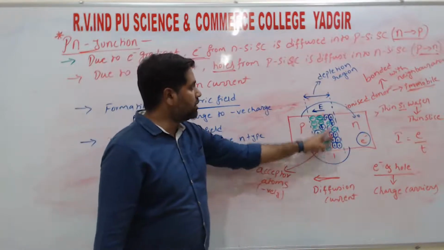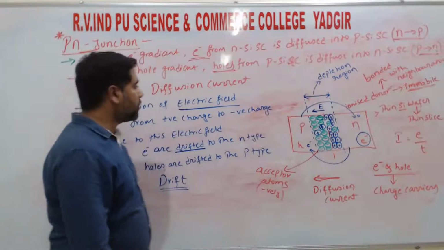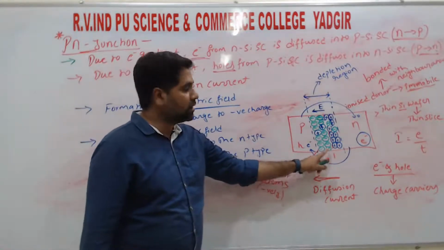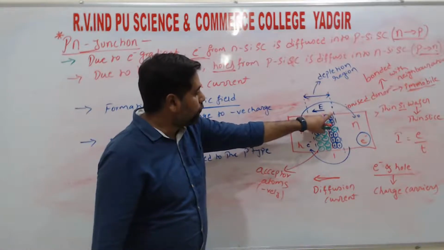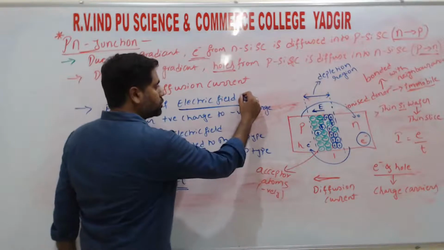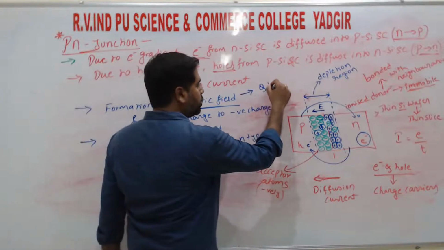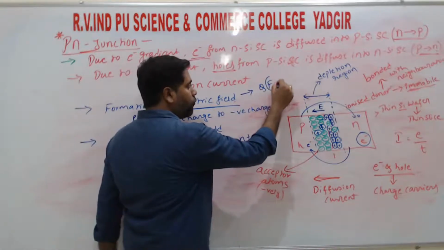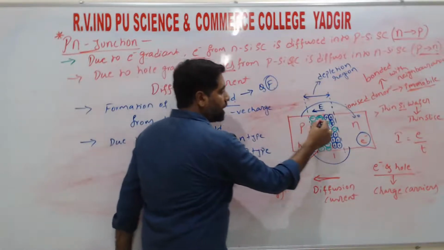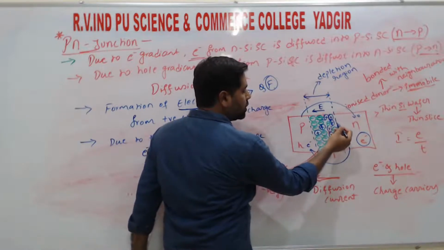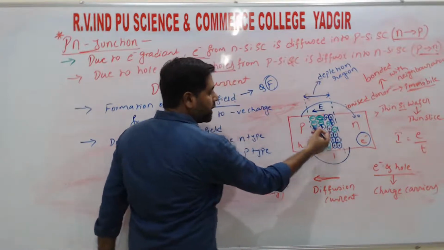What happens in the depletion region is that the electric field, formed due to these positive and negative charges, is from the positive charge to the negative charge. Electric field is nothing but force, so we have F equals Q times E. Due to this force, the electrons are drifted from P type to N type and the holes are drifted from N type to P type.